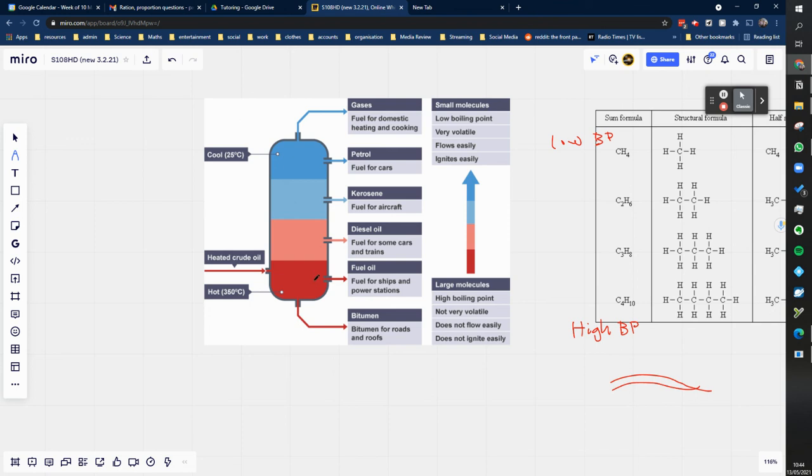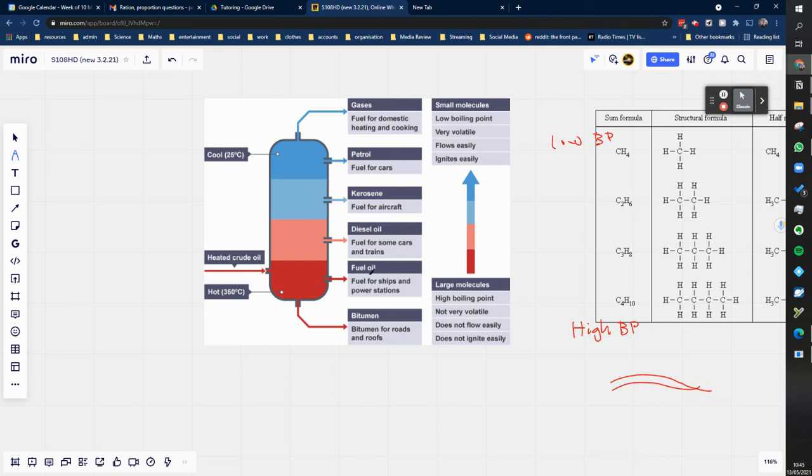So basically, the higher up it gets, the cooler it gets, and the ones that have a higher boiling point will turn into a liquid sooner than the ones with a low boiling point.